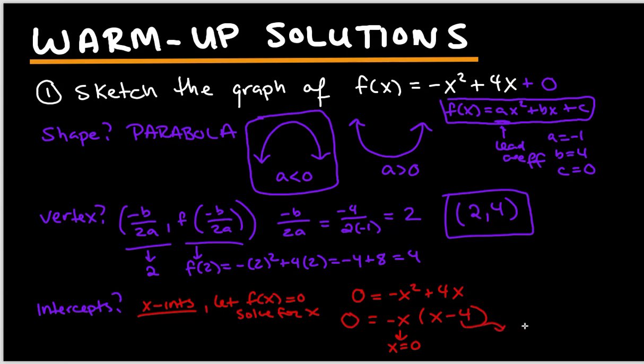And for this guy, all you do is set this equal to 0 and solve, and you get x equals 4. Okay, so the x-intercepts are 0 and 4. So that's 0, 0, and also 4, 0. Okay, well, turns out when we were finding the x-intercepts, we actually found the y-intercept too, because 0, 0 is also a y-intercept. So the x-intercepts are 0 and 4, and the y-intercept is 0.